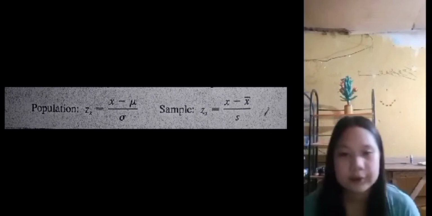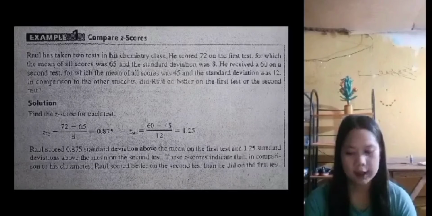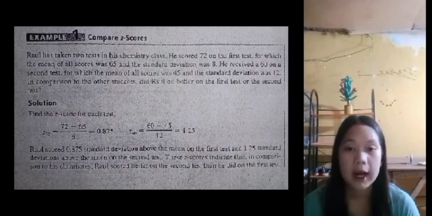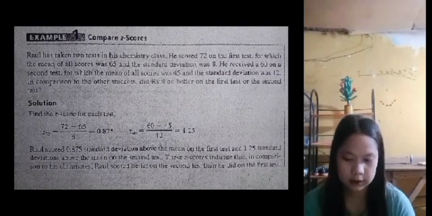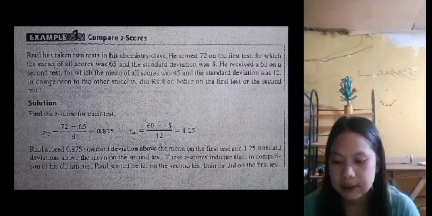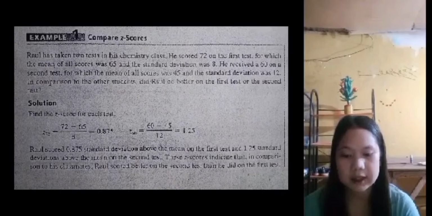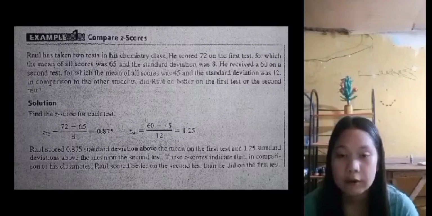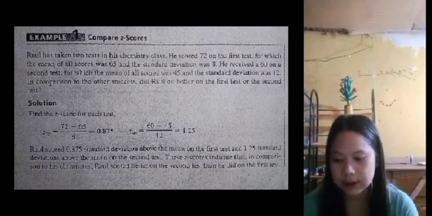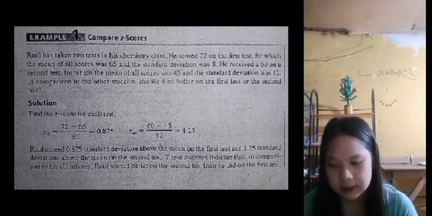So, meron po tayong example number 1. So, ang gagamitin po nating formula ay population. So, Raul has taken 2 tests in his chemistry class. He scored 72 on the first test, for which the mean of all scores was 65 and the standard deviation was 8.